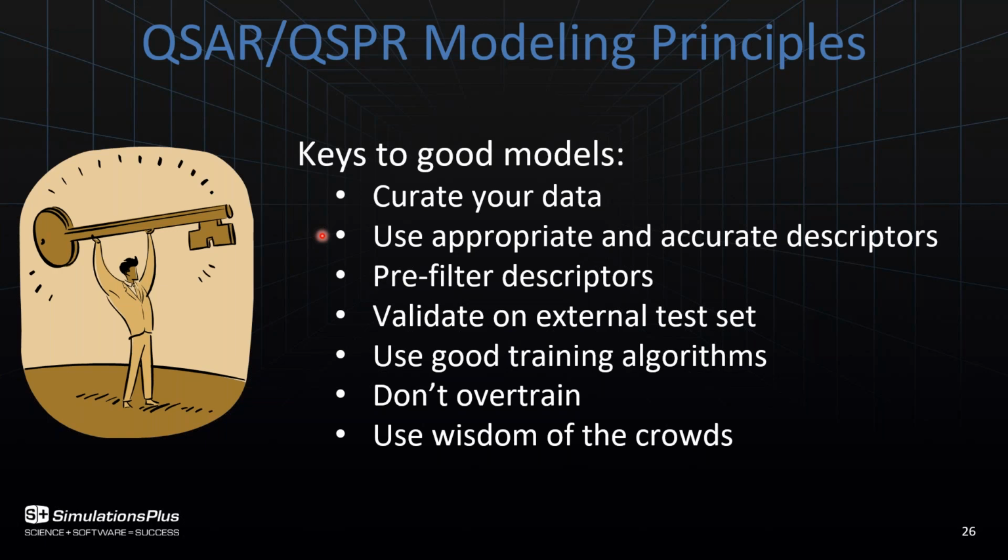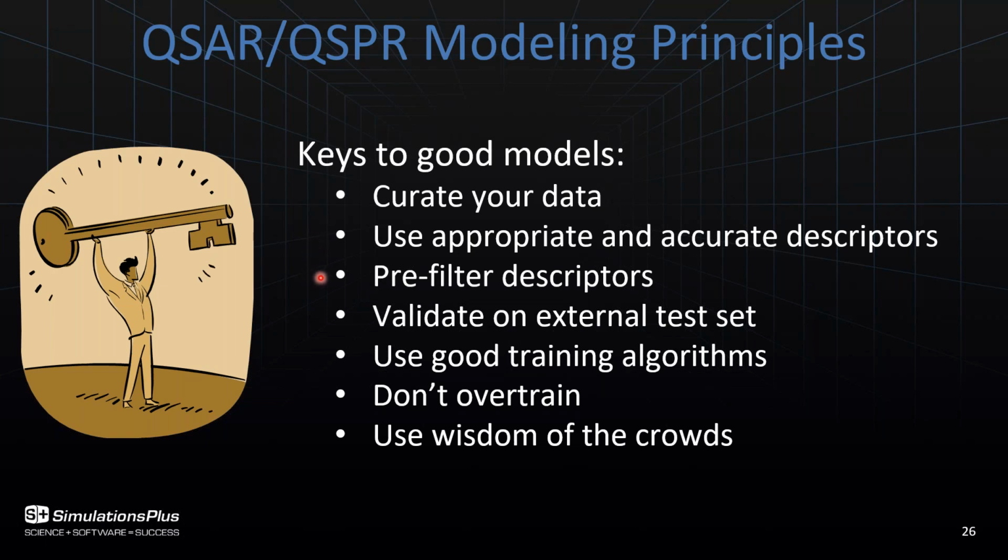For things like our pKa model and our sites of metabolism, these are endpoints where a specific atom in the molecule gets changed. So in a site of metabolism model, it might be hydroxylated. So atomistic descriptors are more important. So we have a whole slew of atom-based descriptors that we use to build the models.